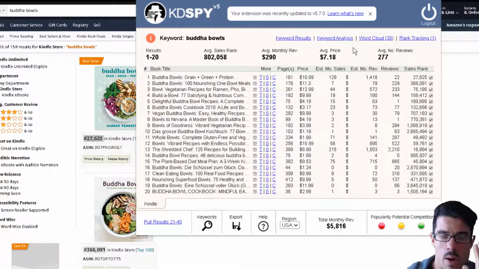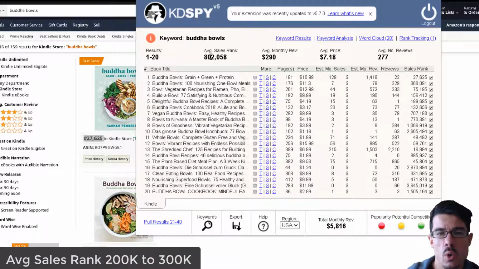Okay, let's talk about profitability. This is the most crucial thing. One of the things I like to have when it comes to profitability is an average sales rank of 200,000 to about 300,000. If it's lower than 200,000, then better.